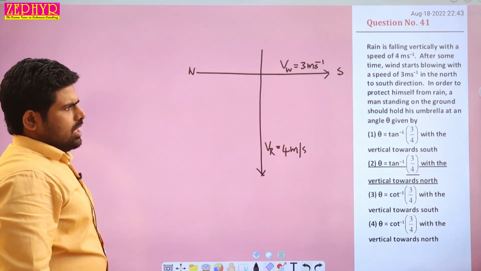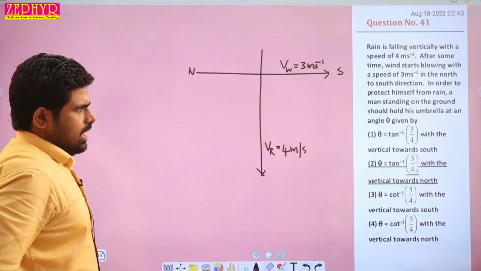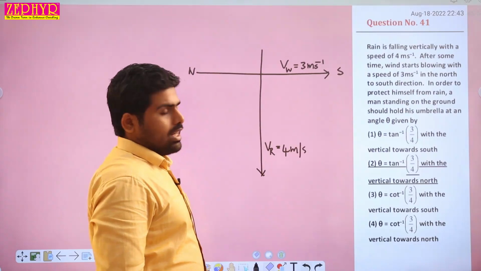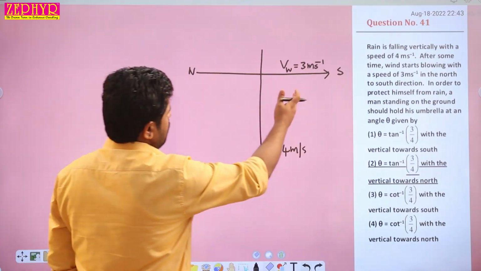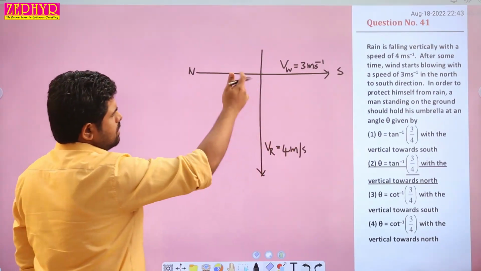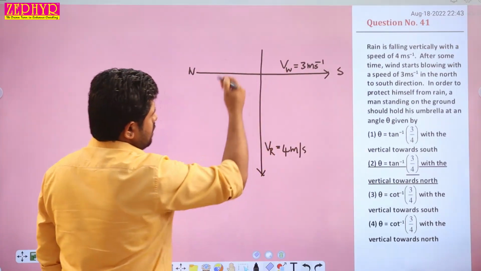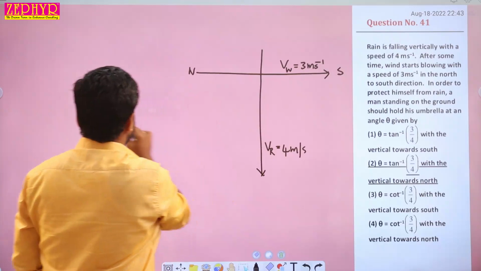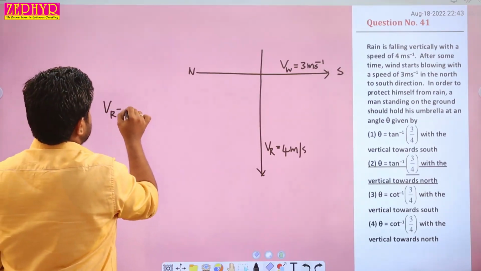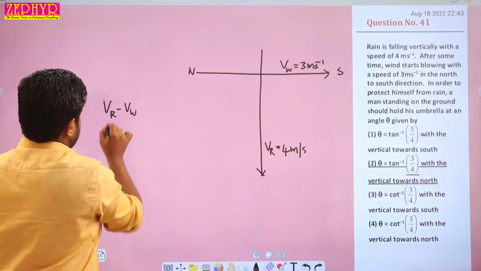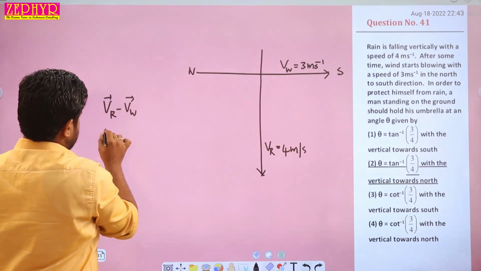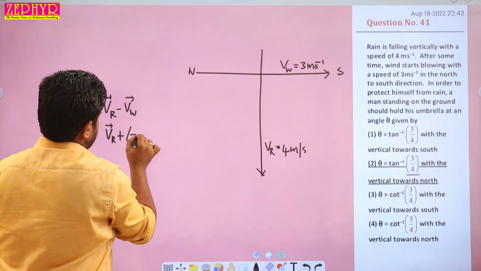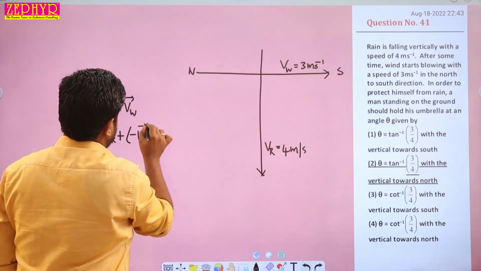In order to protect himself from rain, a man standing on the ground should hold his umbrella at an angle. So first you find out the resultant velocity of the rain with respect to wind. So now VR minus VW. It is equal to VR vector plus of minus VW vector.